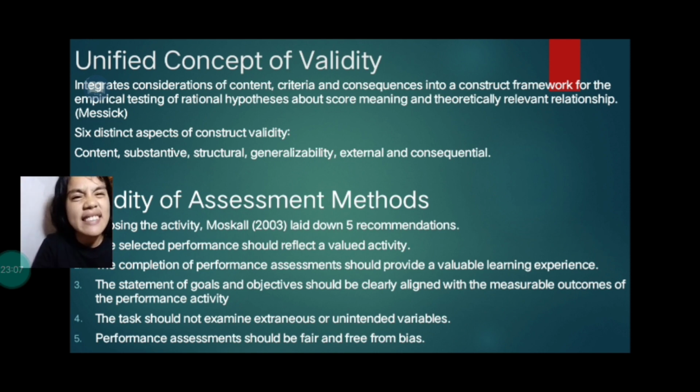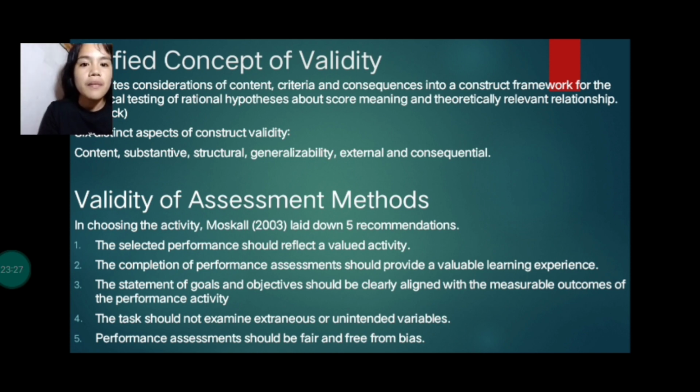There are six distinct aspects of construct validity: the content, the substantive, structural, generalizability, external, and consequential. Validity of assessment methods in choosing the activity: C. Maskell, 2003, has laid down 5 recommendations.